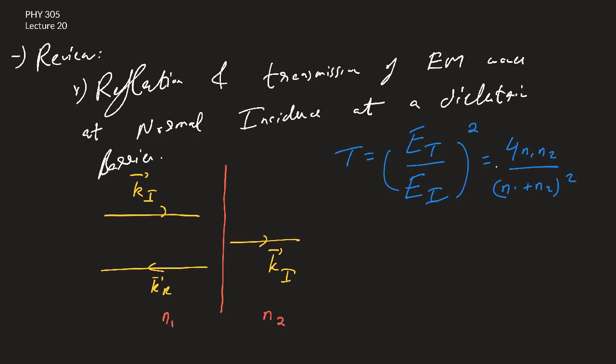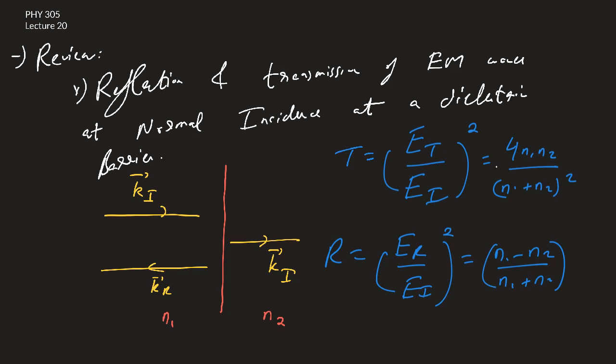Similarly, for the reflectivity R, the ratio of Er over Ei, we found that this was equal to (n1 minus n2) over (n1 plus n2), and it was the mod square of it.